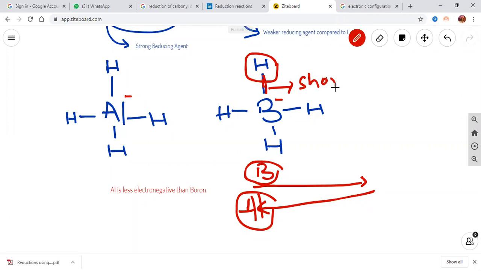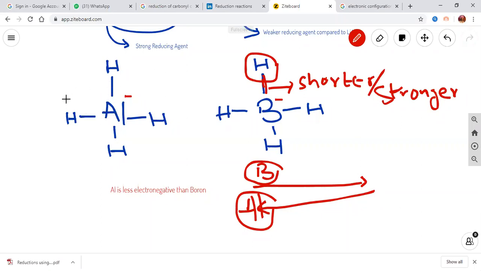This bond is shorter and stronger compared to the bonding in aluminum hydride.